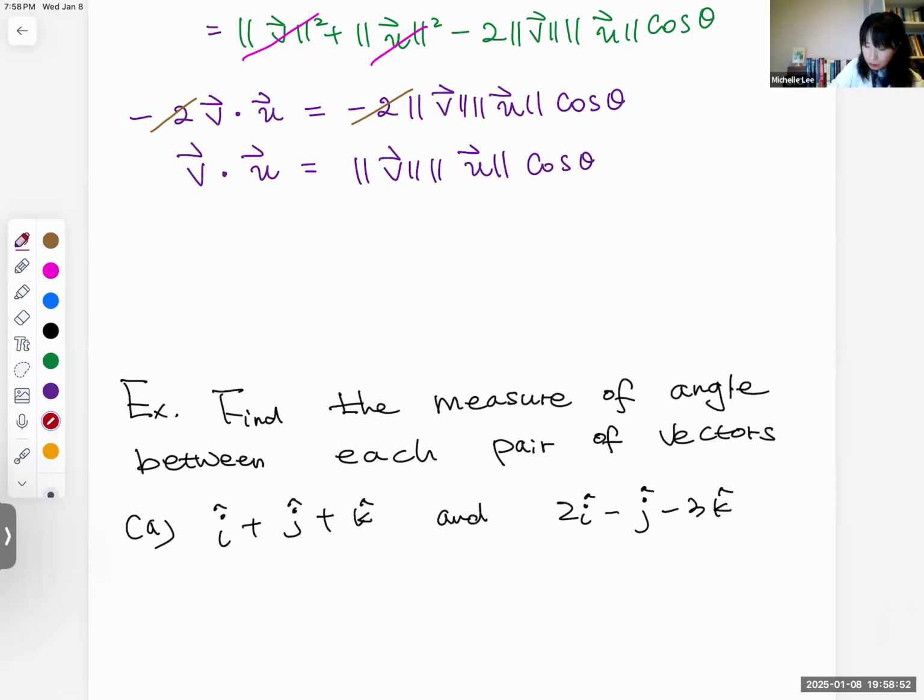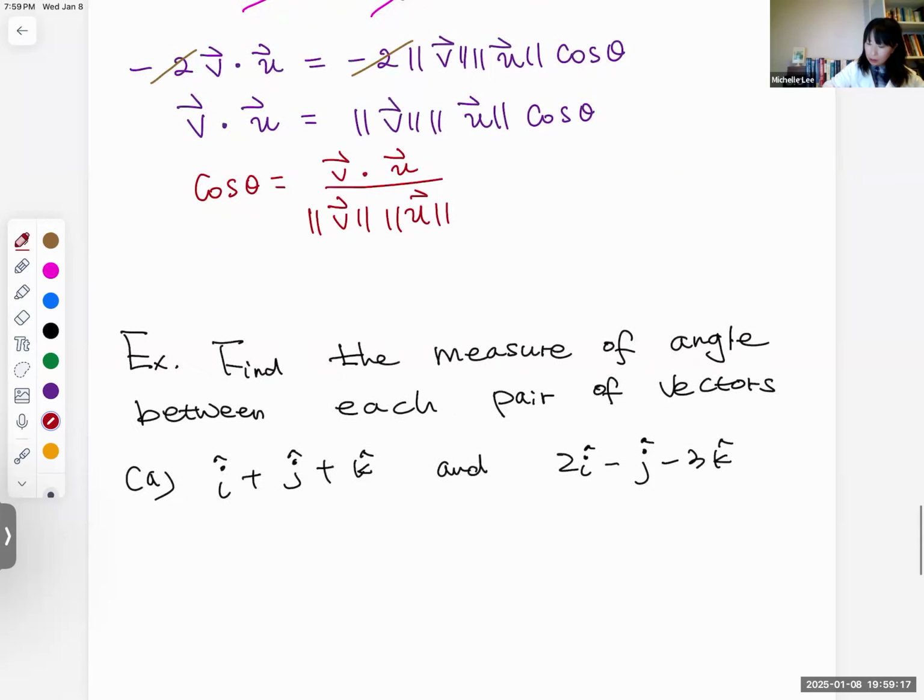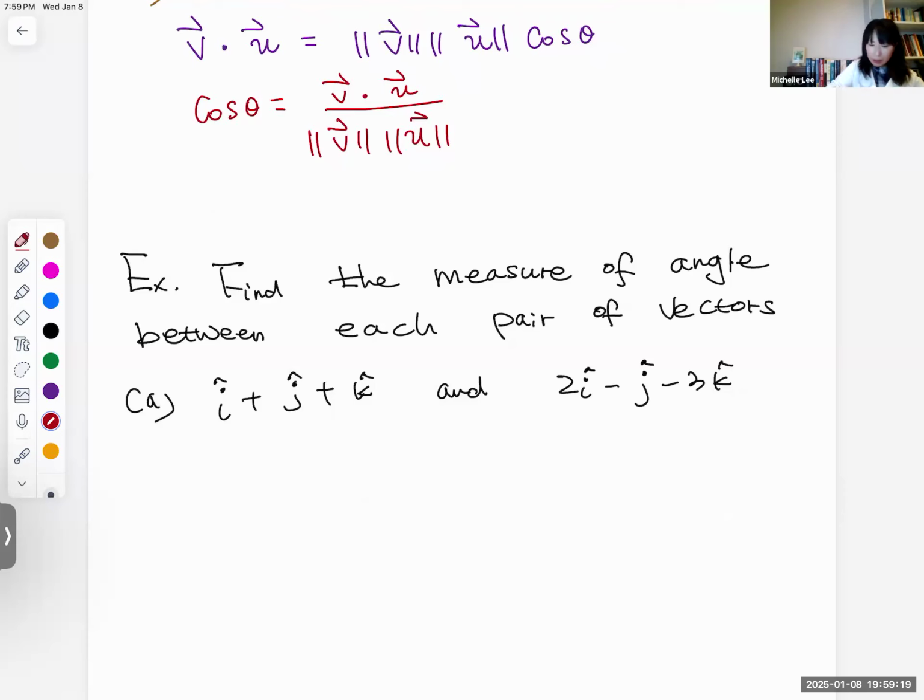So for cosine theta, we can divide by the dot product of v and u over the magnitude of v and magnitude of u, right? So we can express it this way too. So let's use that. All right, so cosine theta.